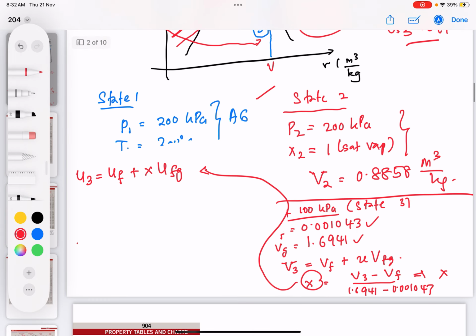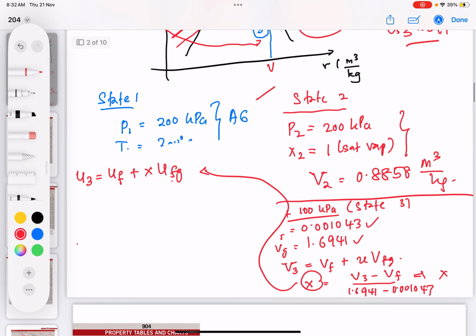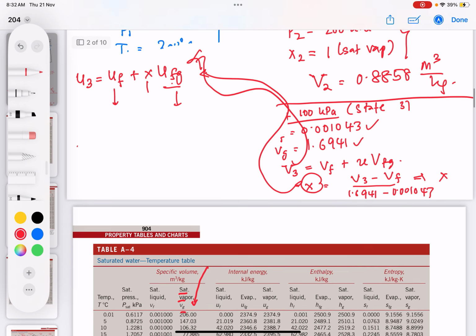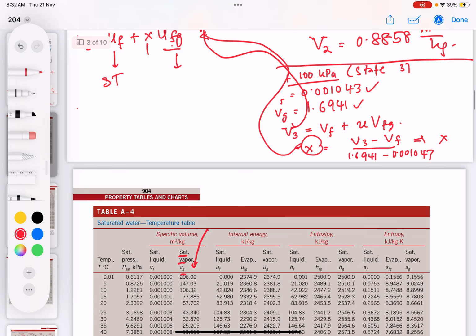Calculating that, I'm going to put it here. So this one is from the steam table, this one is calculated from the previous calculation, and Ufg is just from the steam table.